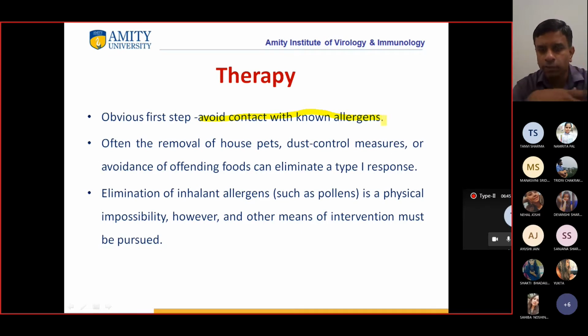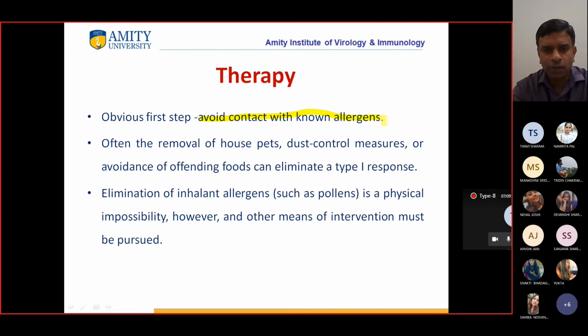Even if you have not done RAST, you know, right? For example, suppose you are allergic to a particular soap. You know that if you again take a bath with the soap, you'll have rashes on your skin, right?